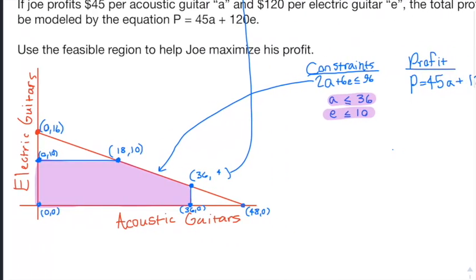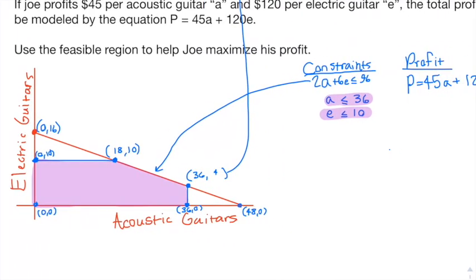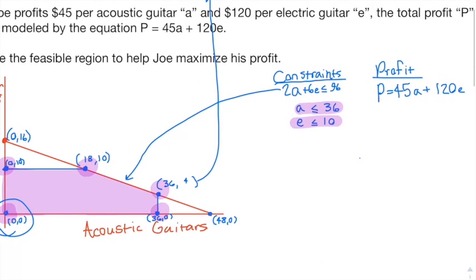All right. The whole idea with linear programming is that one of these vertices of my feasible region is going to be the maximum, and if I plug in both the A and the E, one of them will give us the minimum profit. The minimum profit, you could probably guess, is 0, 0. If you plug that into your profit equation, that will be a small profit.